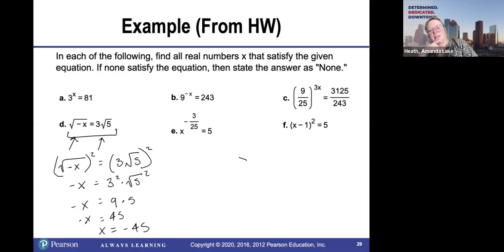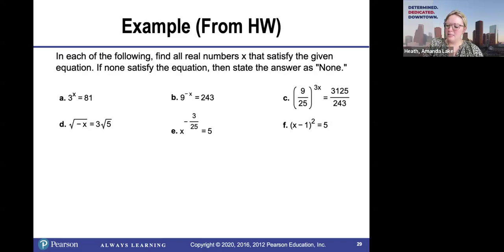When I think about my final solution, I'm going to have the square root of a negative, but the thing I'm putting in there is a negative. So negative 45 is just 45. And we can't have a positive value in there, or else we'll be taking the square root of a negative, which is not a real number.